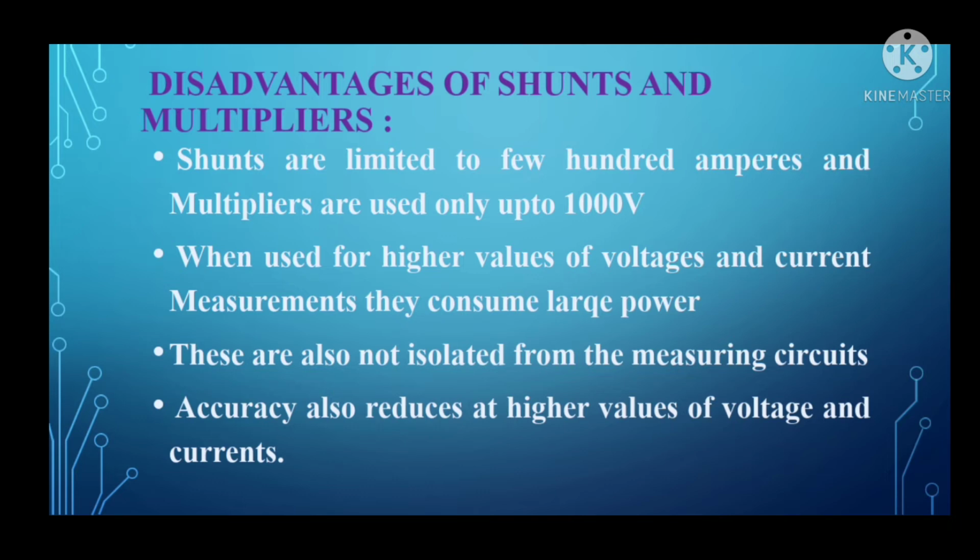So these shunts and multipliers can also be used only up to certain ranges. That is, the shunts can be used only up to a few hundred amperes, whereas the multipliers can be used only up to about 1000 volts. So beyond this range, if we want to measure the current and voltage values, we go for the instrument transformer. So that's why we make use of the instrument transformer instead of shunts and multipliers.